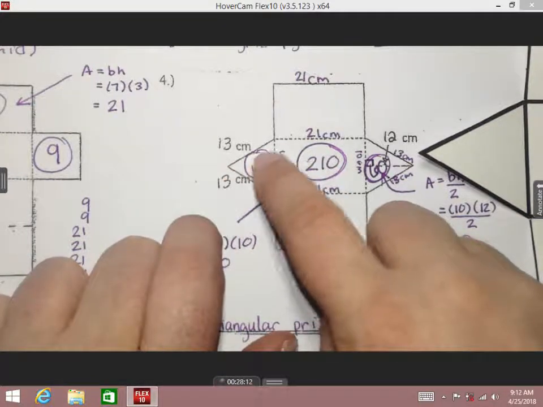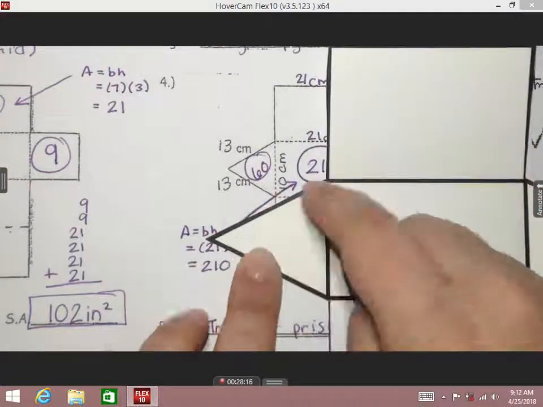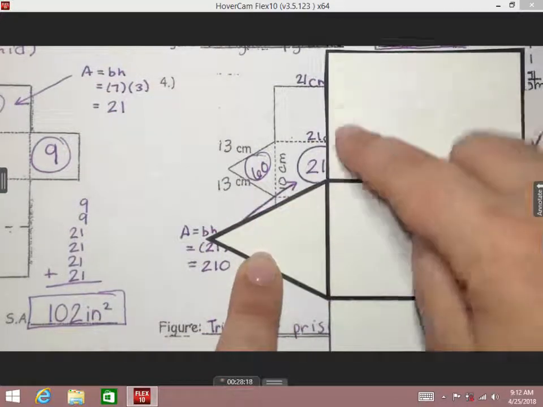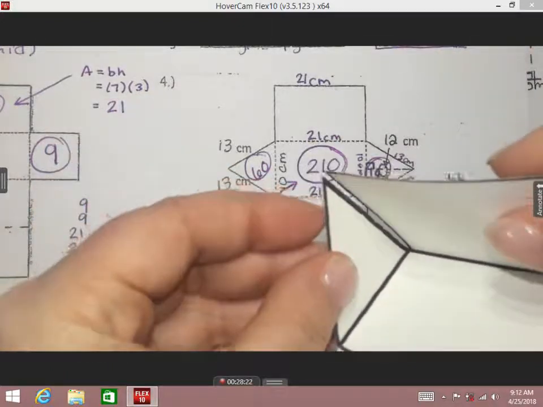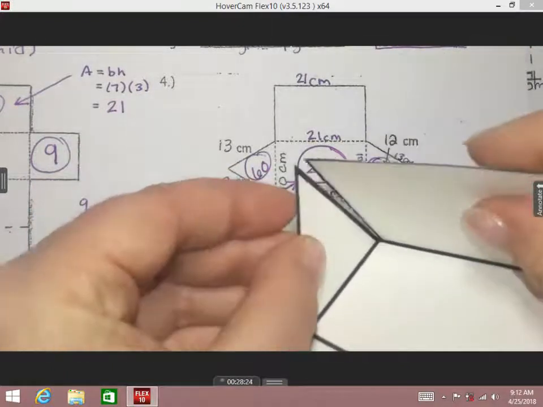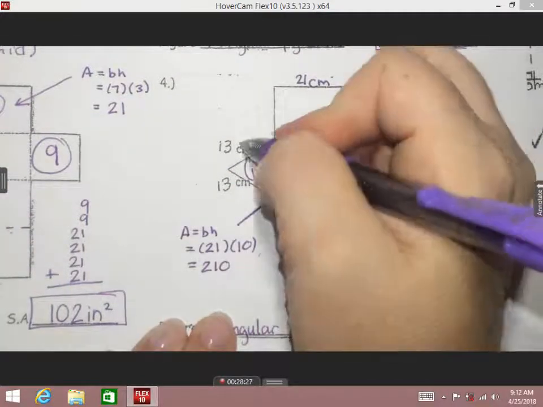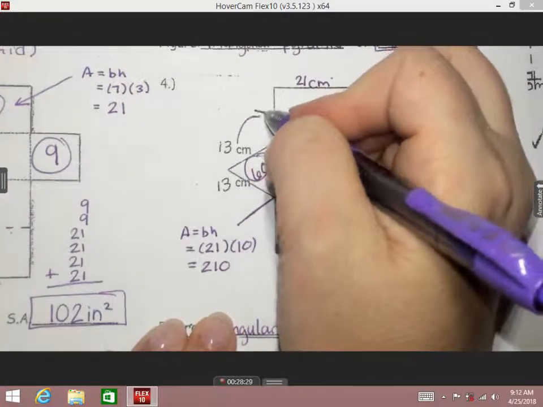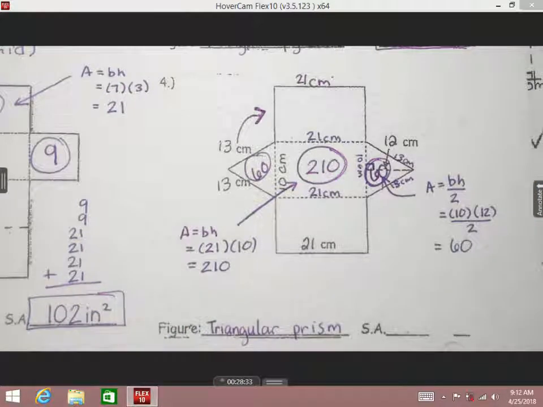Remember guys, when I fold this 13 up with that side, is that side going to be 10, or does that side have to match with the 13? 13. Remember we even said when you have a number on the side, go ahead and draw an arrow so we don't forget that that's going to fold together.